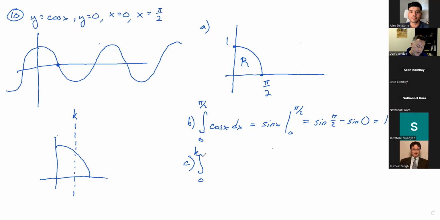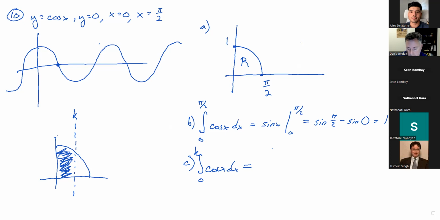But if you integrated from 0 to k and found this area in here, what does that have to equal as a value? Half. Because it's half of the full area of R.